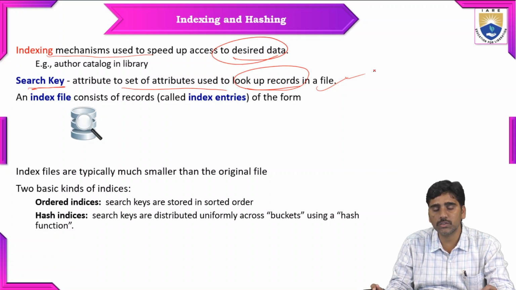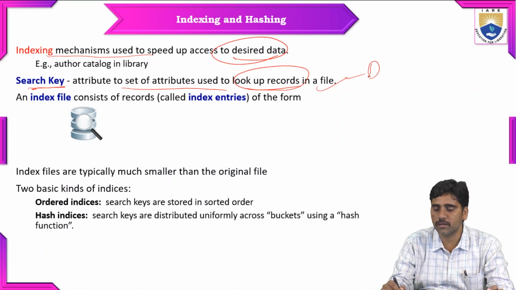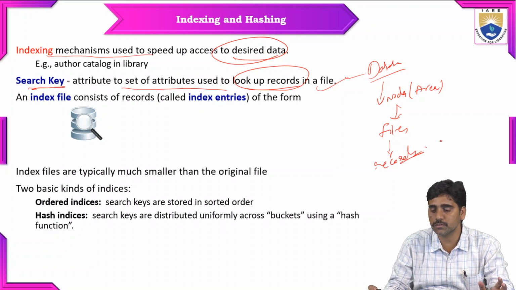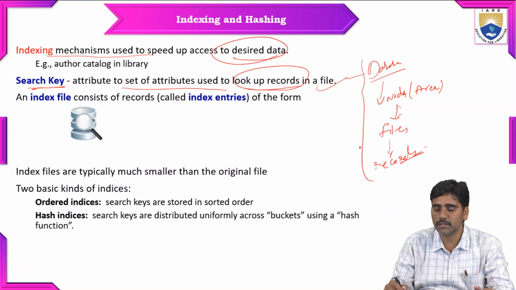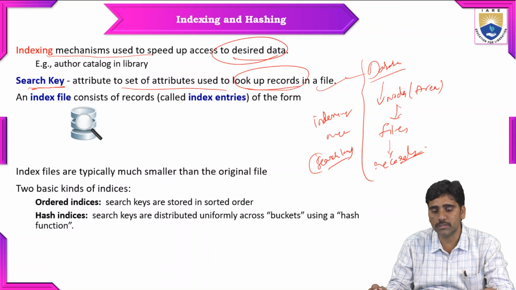Each database contains different types of nodes. What are those nodes? Areas. And these nodes contain what? Files. And these files contain what? Records. So to search the records of the data, we can use the indexing mechanism, and for this indexing mechanism we use an attribute called the search key, which is the attribute used to look up the records in a file.